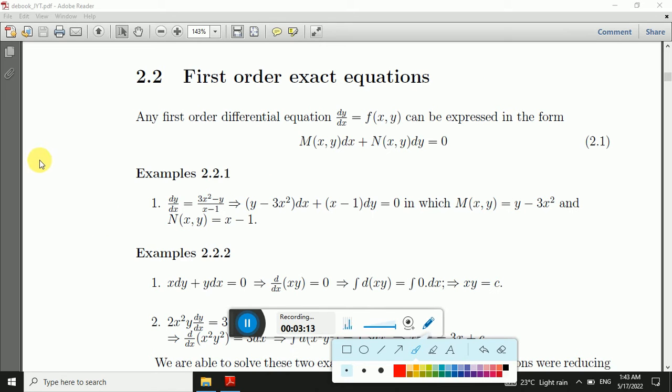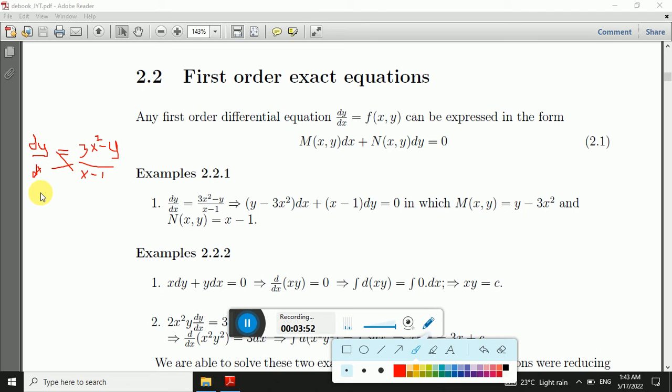So we have dy/dx equaling 3x squared minus y over x minus 1. So the first step is going to be cross multiplication.